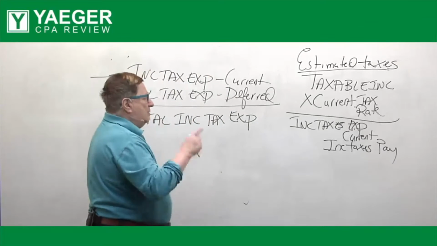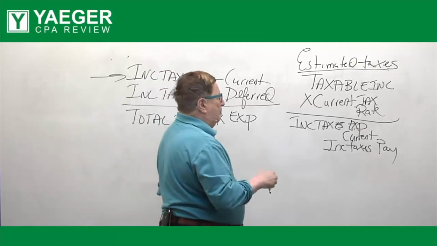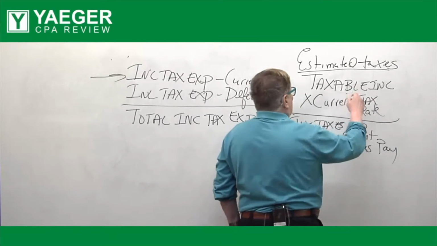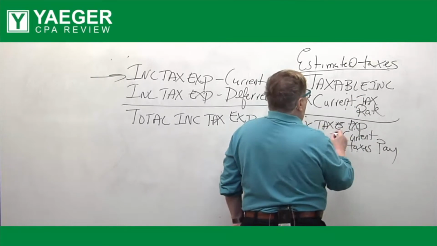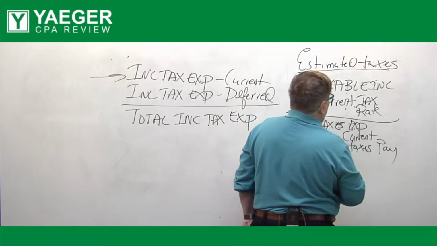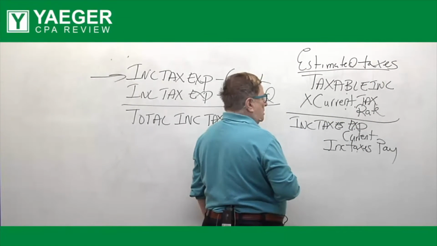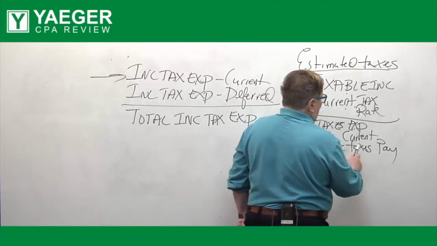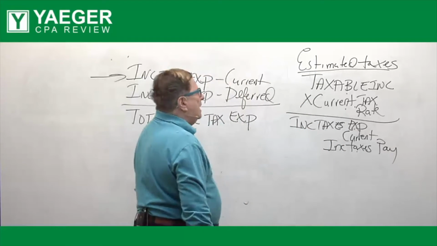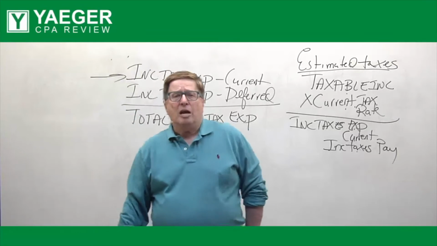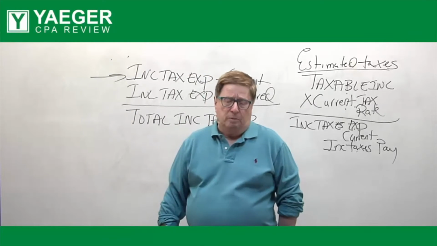But if they ask you for the income taxes payable, well, you take your taxable income times the current tax rate, and subtract any estimated tax payments that you paid in advance, and that will equal the income taxes payable. So estimated taxes only affect how much you actually owe the government. It only affects the income taxes payable.